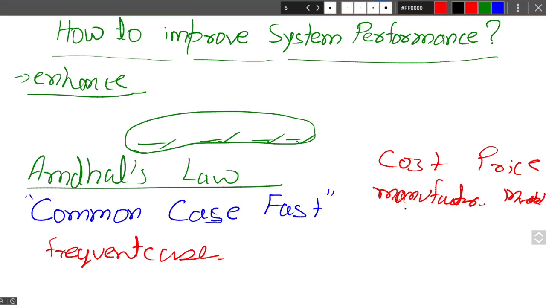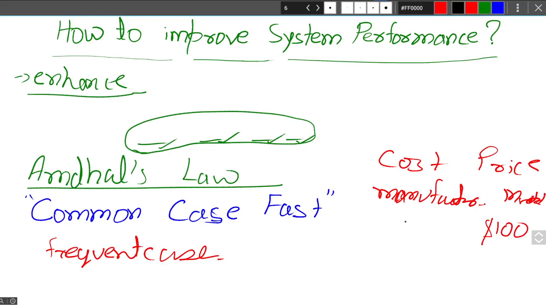Suppose in the market the same system is available at $100. After enhancement your cost has risen, so certainly the price will also go up.